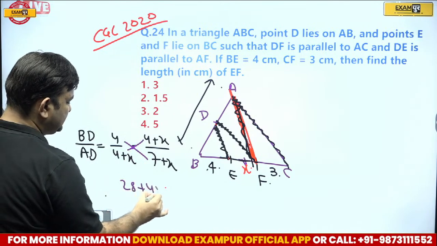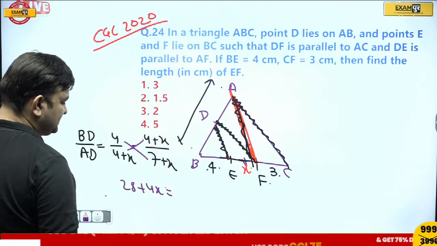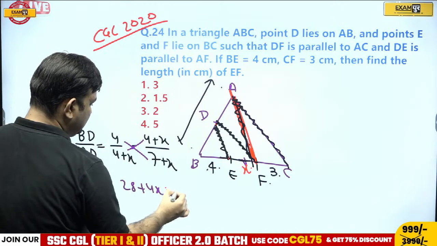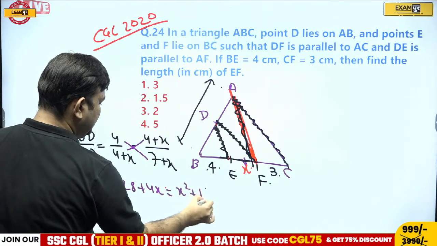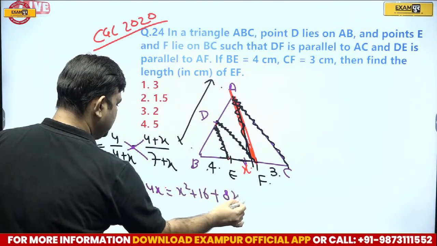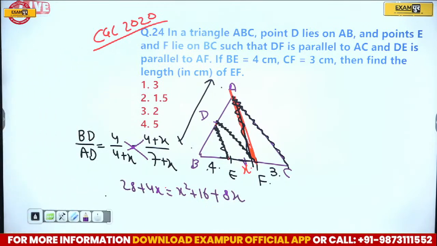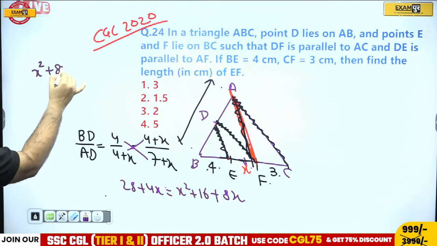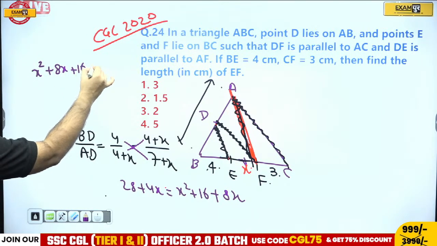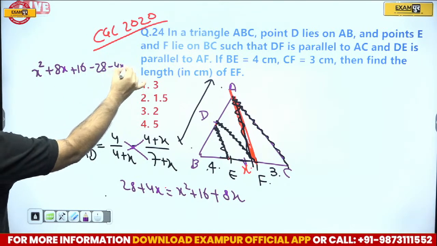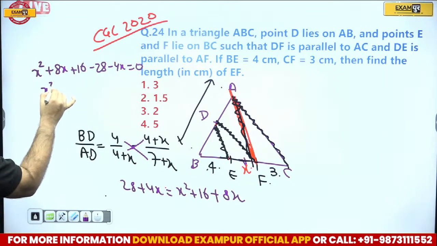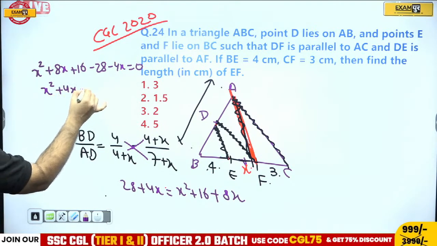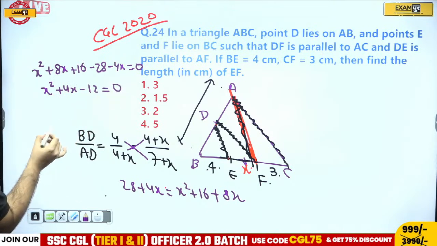28 plus 4x is equal to (4 plus x) whole square. That is x square plus 16 plus 8x. So x square plus 8x plus 16 minus 28 minus 4x is 0. X square plus 4x minus 12 is 0.